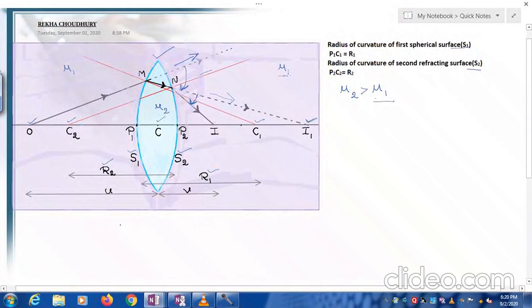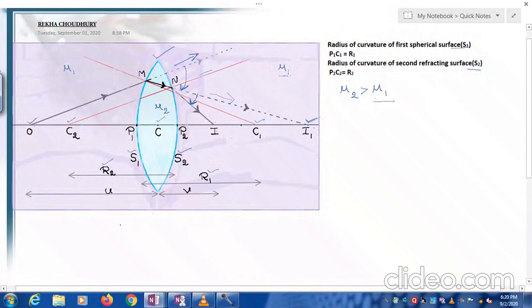So for the refraction at the surface S1, O is the object and I1 is the image, but for the refraction at the surface S2, I1 is the virtual object and I is the image. So for this lens, O is the object and I is the image, and refraction takes place at two surfaces S1 and S2 at two different points M and N respectively.